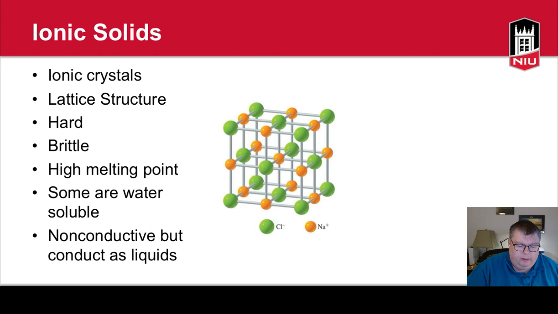The water solubility has to do with the ability to solvate the ions and whether it's more energetically favorable to have them as solvent-separated ions as opposed to being in the regular repeating structure. They are non-conductive as solids, but conduct as liquids, or if they're soluble, they conduct in the aqueous phase.